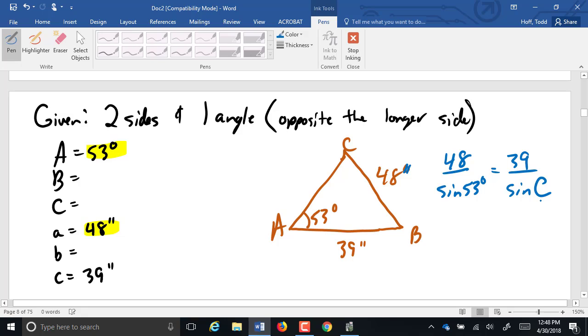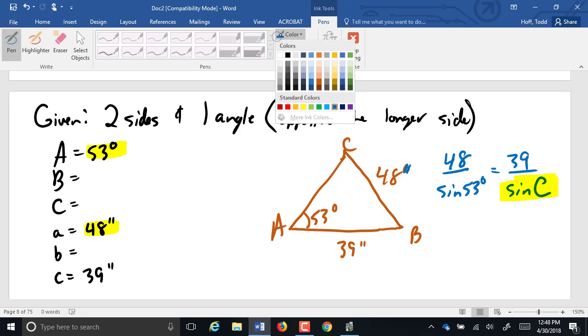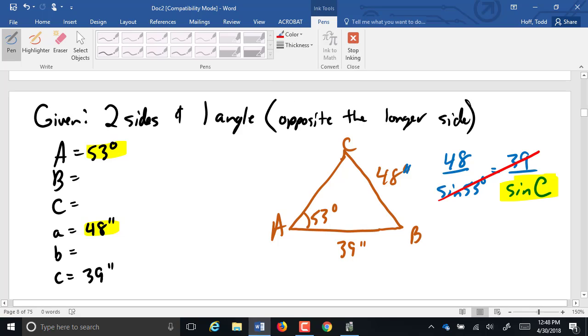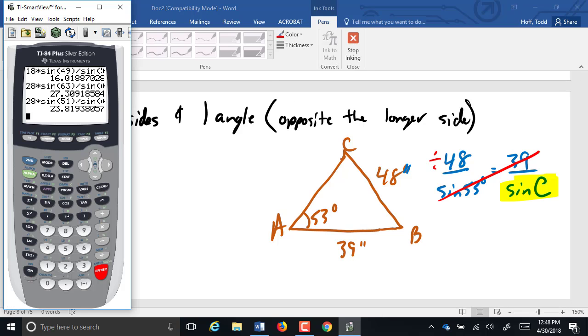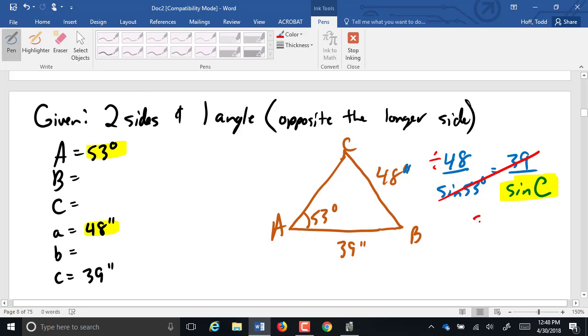Now note here, when I cross multiply and divide, I'm not finding angle C, I am finding the sine of angle C. So I'm going to cross multiply and divide. Sine 53, make sure I close it, times 39 divided by 48 is 0.6489. So that's saying sine C equals 0.6489.